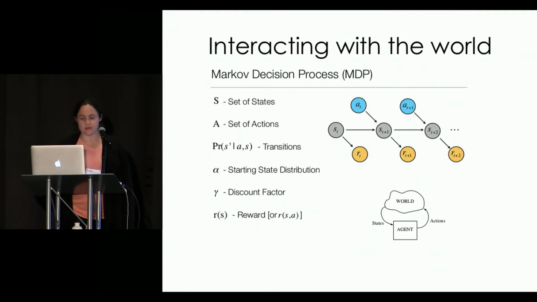In response to those stimuli, an agent will take an action out of a set of actions. This action will let the agent transition to a new state. And this may lead to something valuable to the agent, so to some subjective reward.